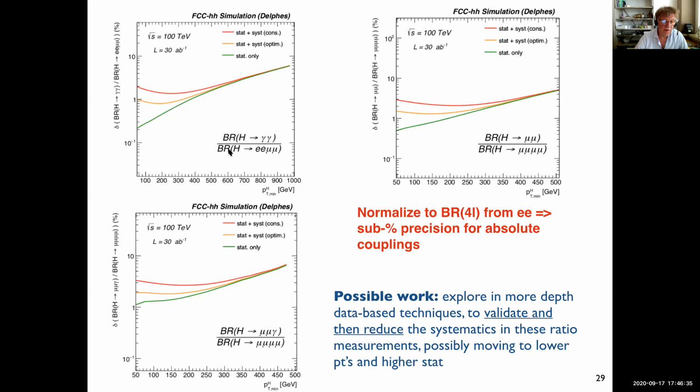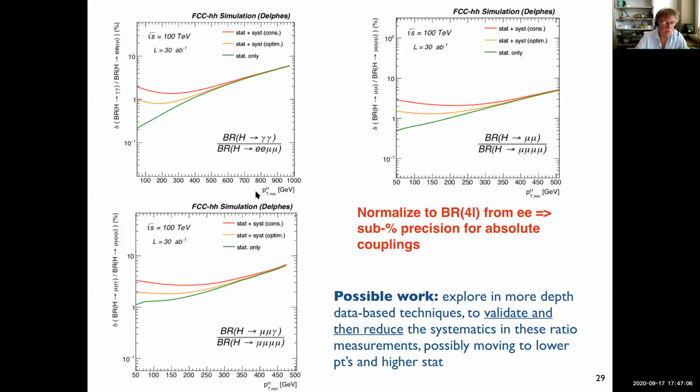And by having a very precise measurement of the Higgs coupling to the Z, which comes from the precise measurement of Higgs Z production at e plus e minus, that provides this denominator, which is very precise, and therefore we can extract the absolute branching ratio of the Higgs to gamma gamma by looking at the measurement of these ratios.